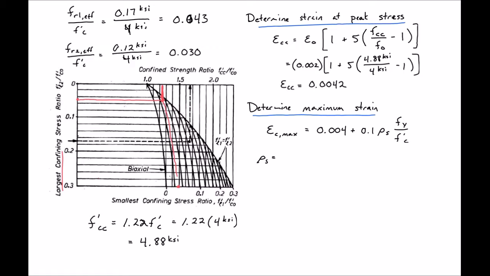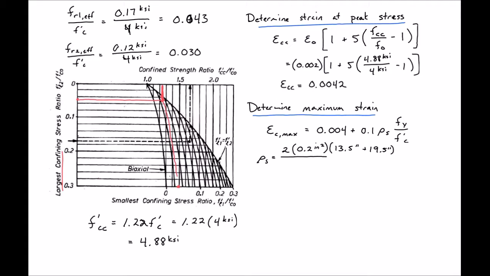So in our case, the total volume of our hoops, and this is on one plane, so we'll say is 2 times 0.2 inches squared, since we have 2 legs in both the top and the bottom, and then we'll have the total length of these bars to give us a volume. So 13.5 inches plus 19.5 inches.